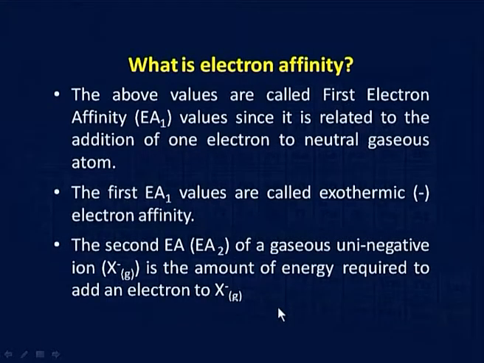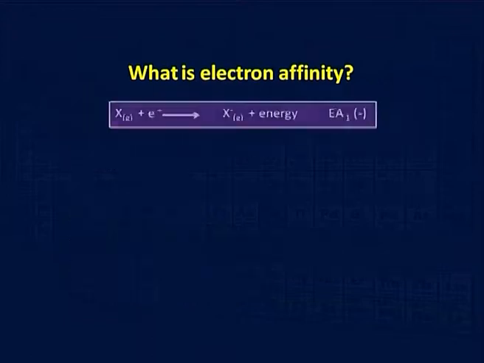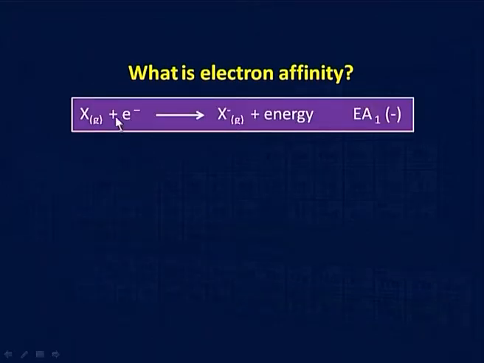For the second electron affinity we need energy, whereas for the first electron affinity energy is released. In this equation, when one electron is added to a gaseous atom, energy is released, and this is the first electron affinity, shown with a negative sign since energy is liberated in this process.